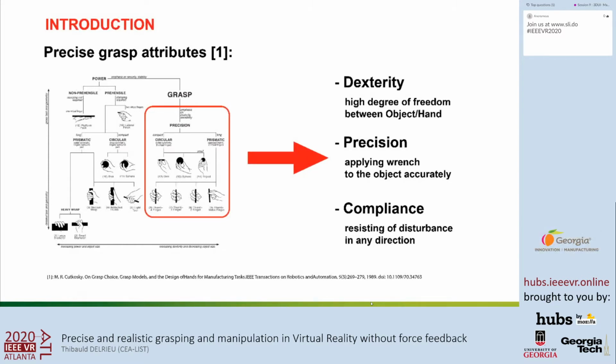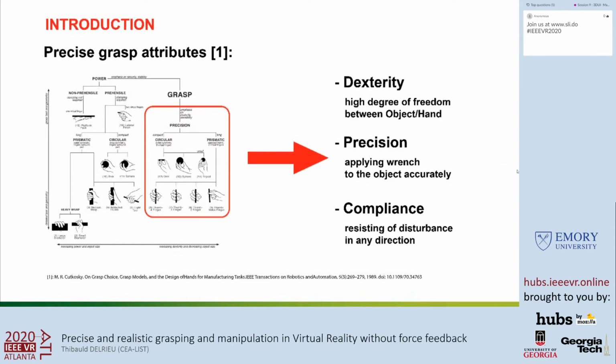So according to Kutkowski, the first attribute of this precise grasping type is dexterity, a high degree of freedom between the object and the hand, so the user could perform a grasp that permits moving the object relative to the palm of the hand.